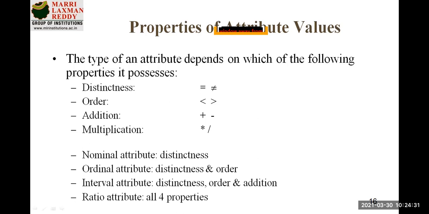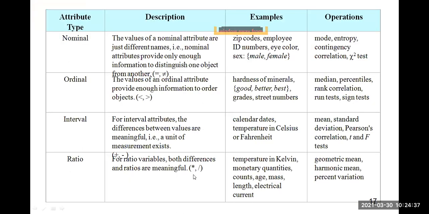A ratio attribute will talk about all these four properties. So this is a brief differentiation between each attribute, why it is being used, what the examples are, and what various operations we can perform with respect to each attribute.